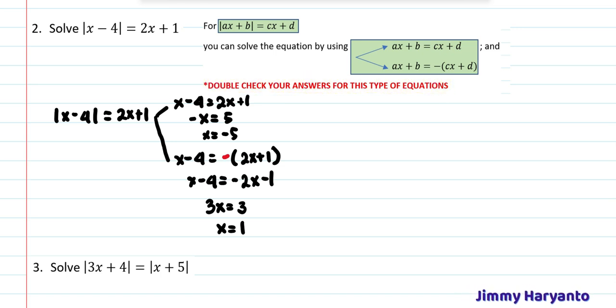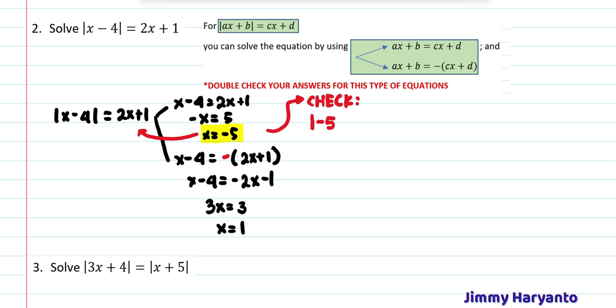And how to double check your answers? You only have to input x equals to negative 5 into the question. So the absolute value of x minus 4, you have to input the negative 5 into the x like this, equals to 2x, that means 2 times negative 5.